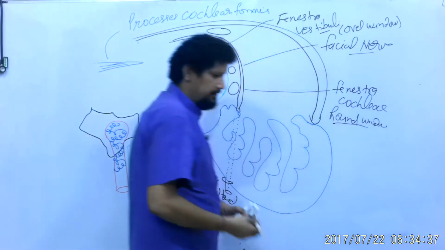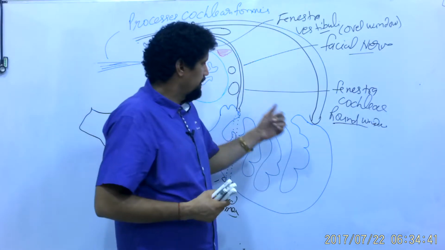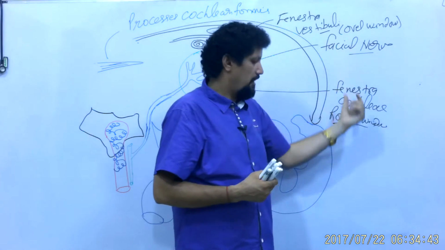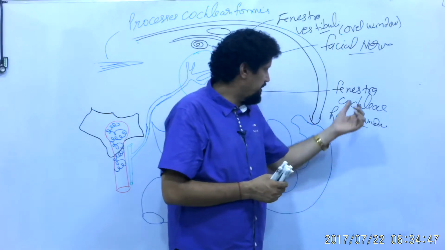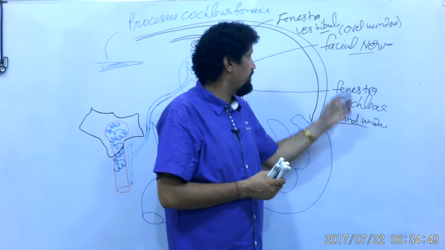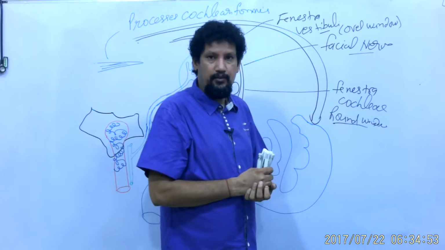So, this is the oval window and this is the round window. The fenestra cochleae is round window and fenestra vestibuli is oval window.